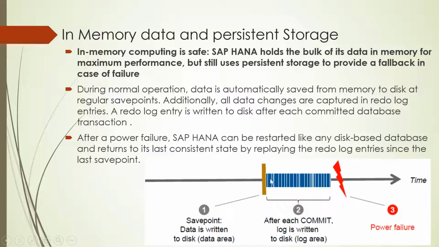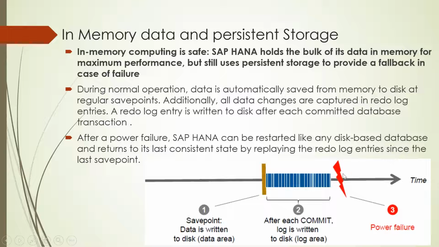The transaction is committed and the redo log is generated. So these are the redo logs for the committed transactions. The savepoint is executed here, and the next savepoint will execute after 5 minutes.